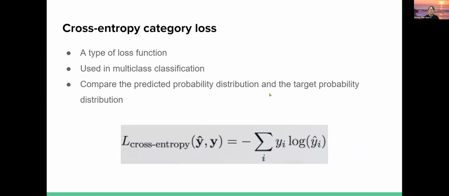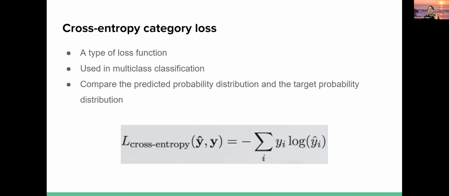Okay, so one type of loss function that we're going to use here to evaluate our model is the cross-entropy category loss. The category loss is just a variation of the cross-entropy. Basically, the cross-entropy compares the predicted probability distribution and the target probability distribution.